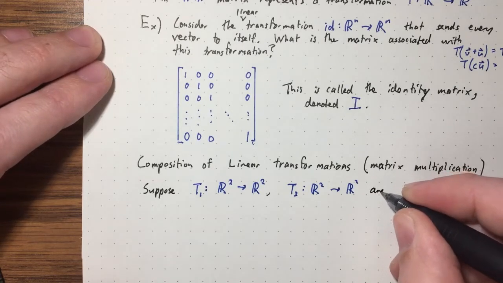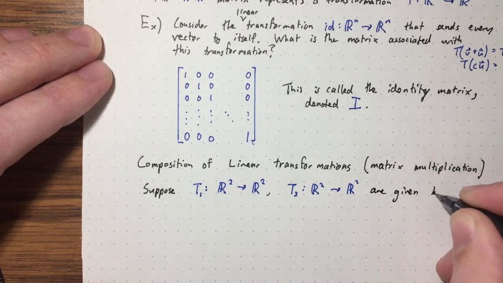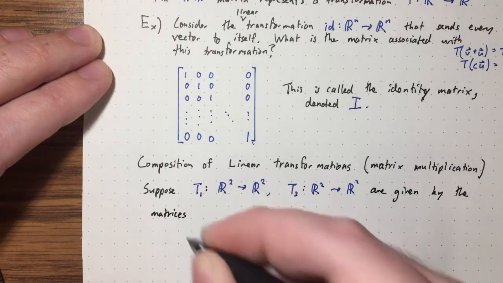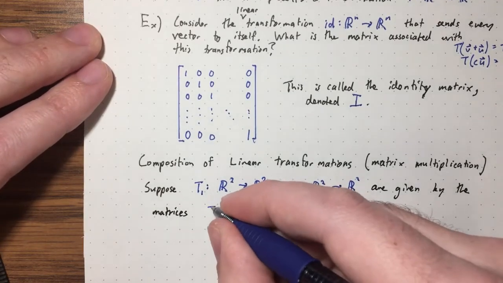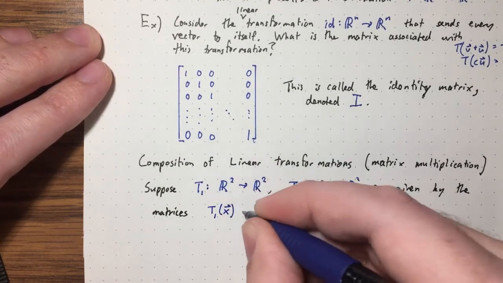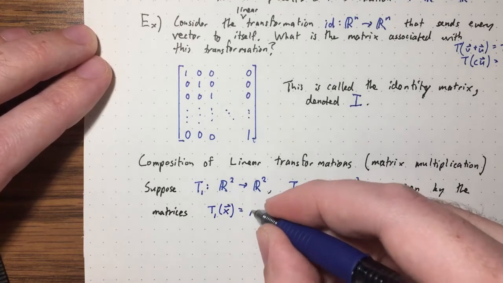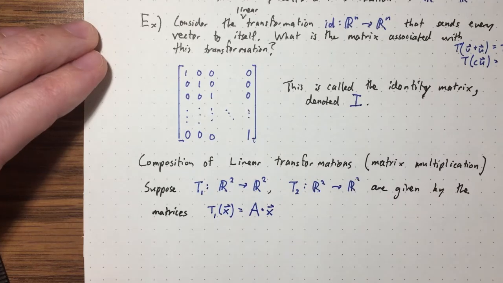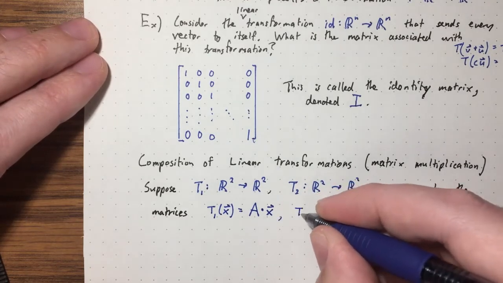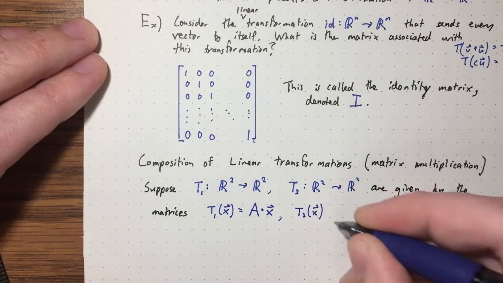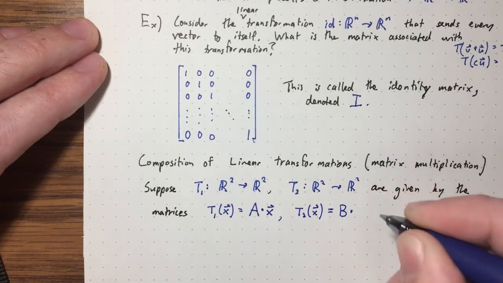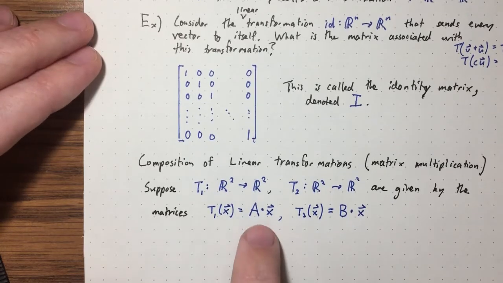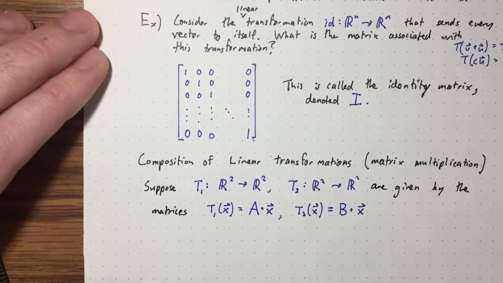Suppose these are given by the matrices. So T1 of a vector is actually implemented as some matrix, we'll call it A, times our vector x. And T2 will be implemented as a matrix B times my vector x. So this one's multiplication by A, this one's multiplication by B.